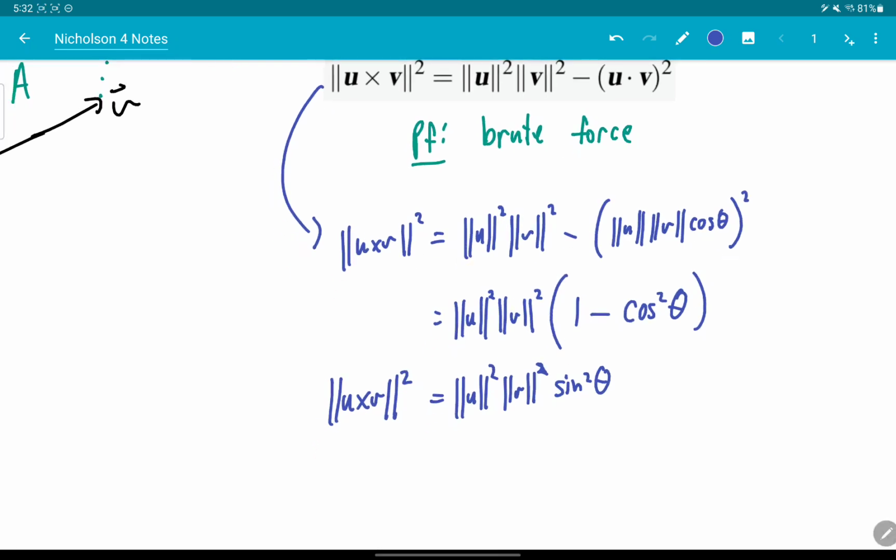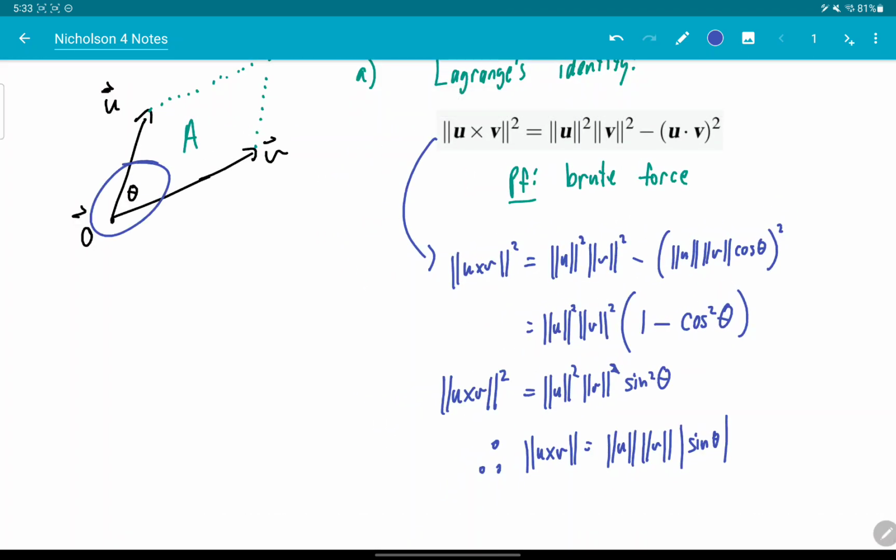Square root both sides. The length of u cross v is equal to the length of u times the length of v, and you actually get the absolute value of sine theta, because if you square something and then square root, that's the same thing as absolute value. But we're assuming that theta is the smaller angle between u and v.